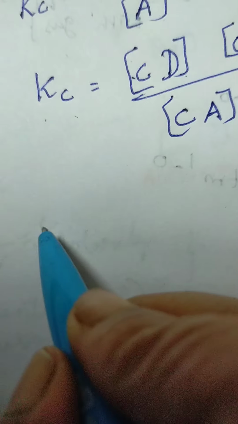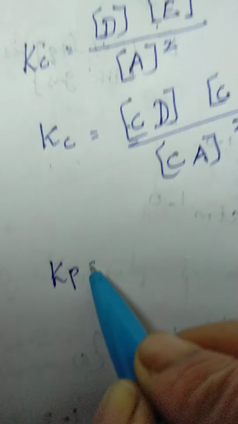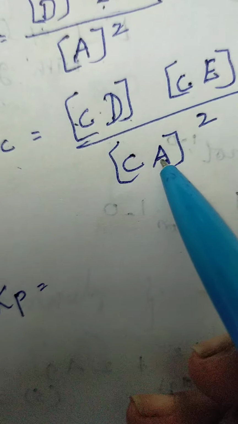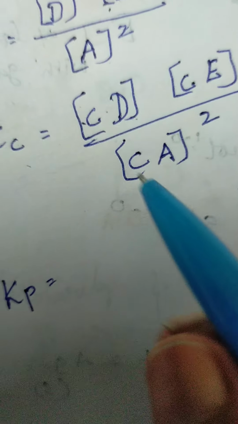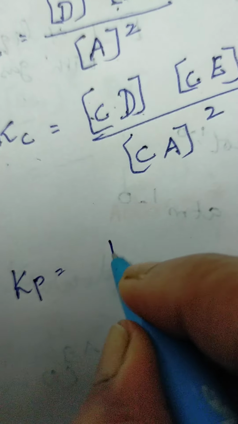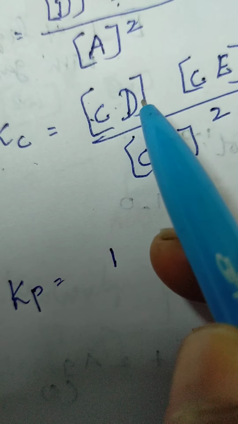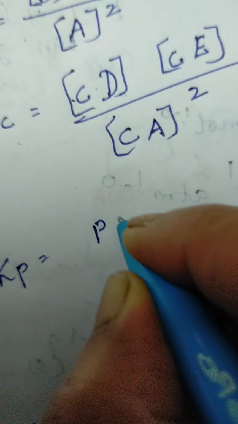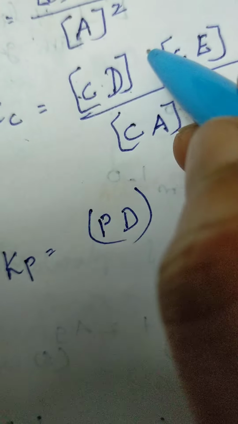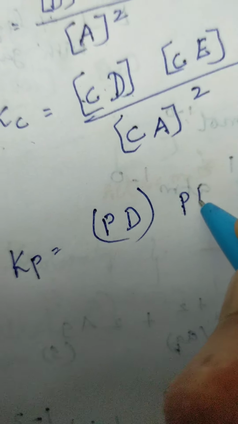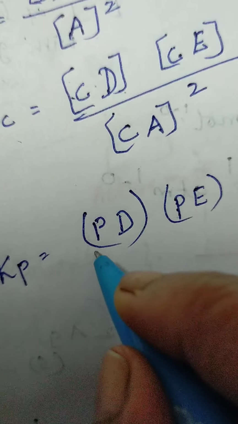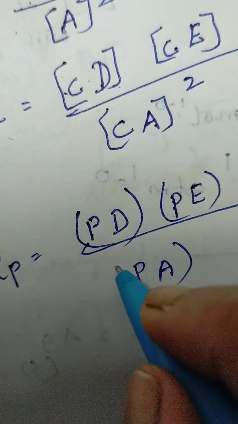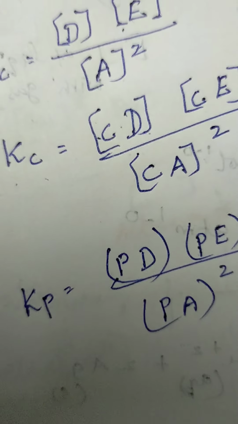We know that Kp is equal to pressure of D times pressure of E divided by pressure of A squared. For concentration we use square brackets, for pressure we use ordinary brackets, to show the difference.